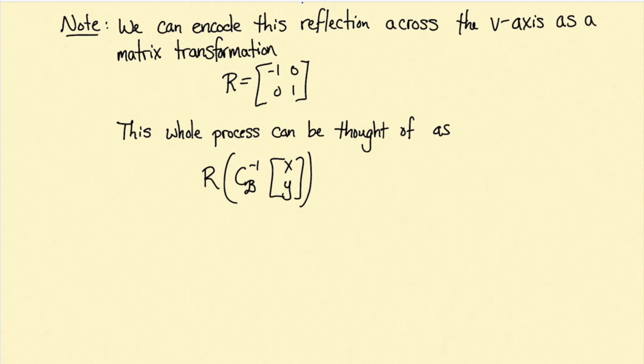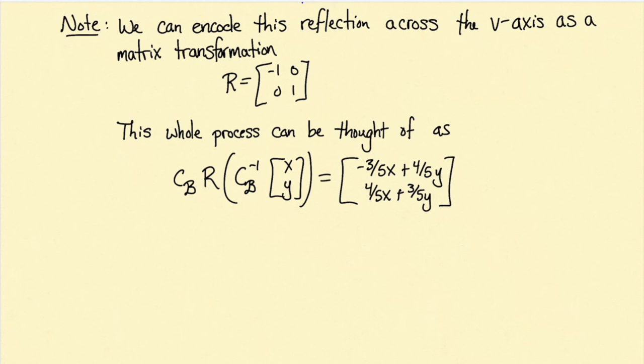This means multiplying the representation in uv coordinates by the matrix C sub B. The result of this operation will be the vector with coordinates -3/5 x plus 4/5 y and 4/5 x plus 3/5 y.